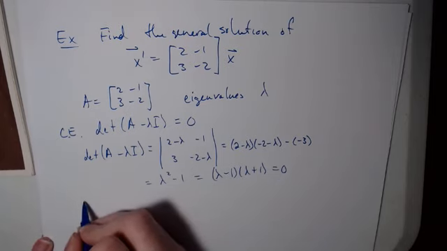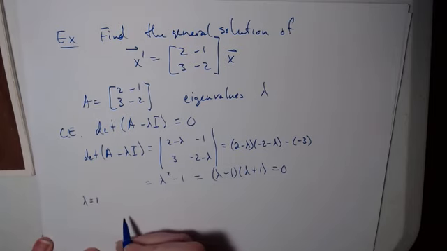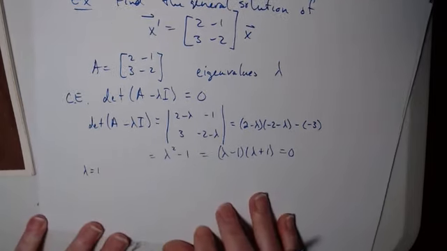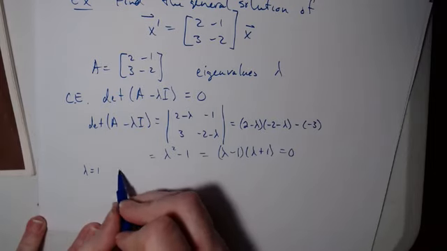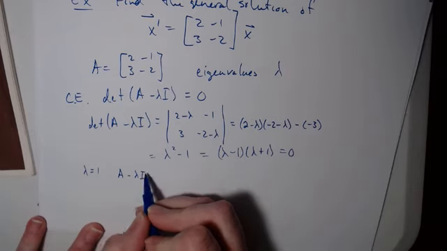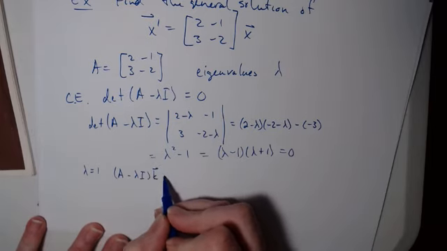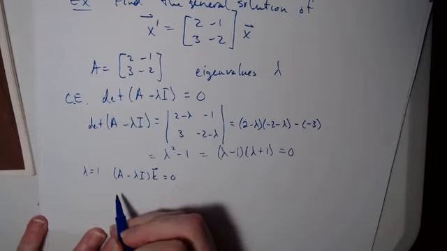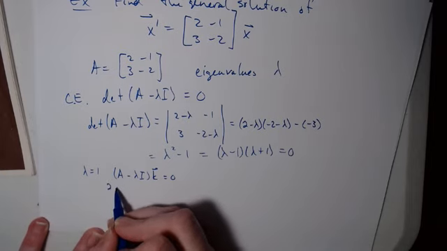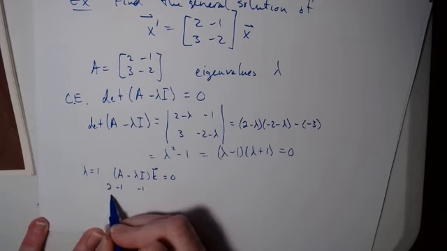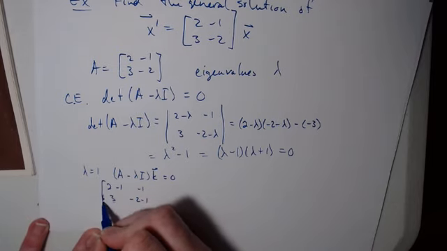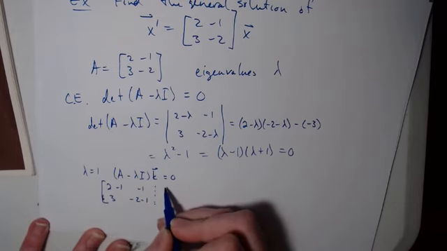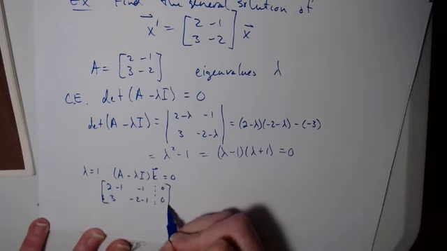When lambda equals 1, if I plug that back into A minus lambda I times k equals 0, I get [2 minus 1, -1; 3, -2 minus 1]. We're going to augment that with zeros.